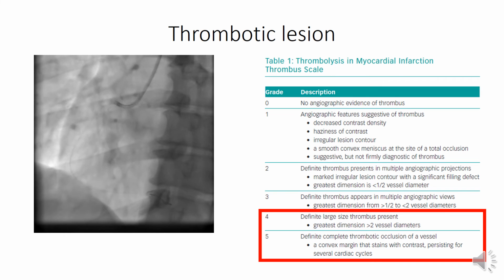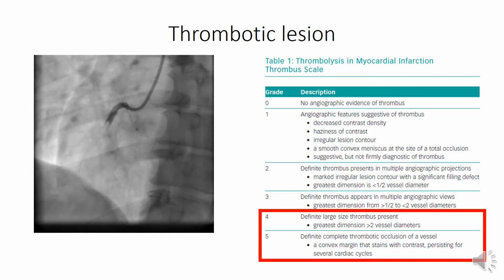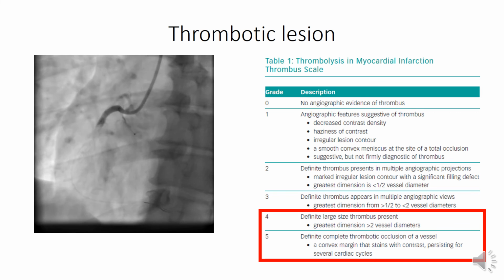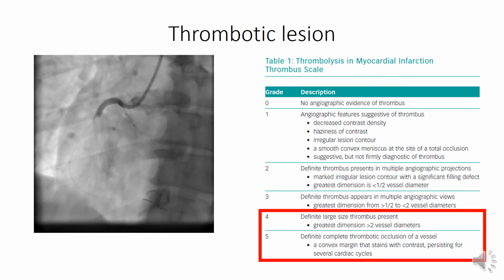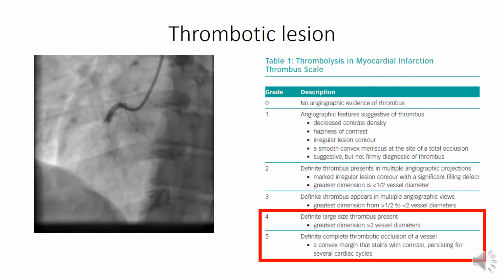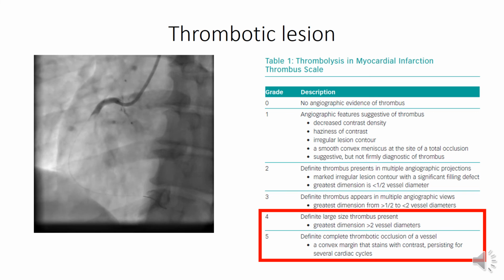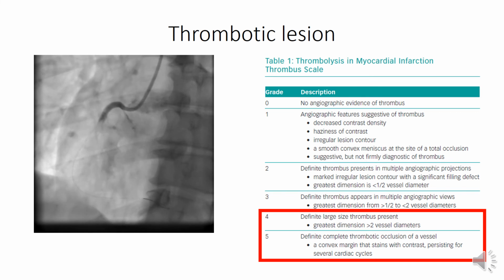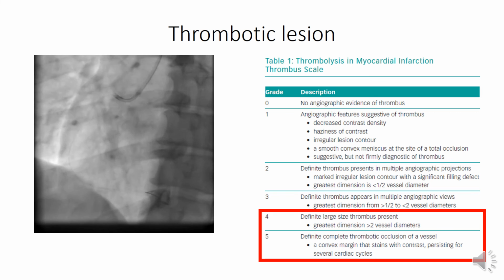In these grades 4 and 5, which are called heavy thrombus burden, we have room for certain treatment like glycoprotein 2B3A inhibitors or thrombus aspiration, which show benefit in this grade of thrombus only, not in low grade thrombus.